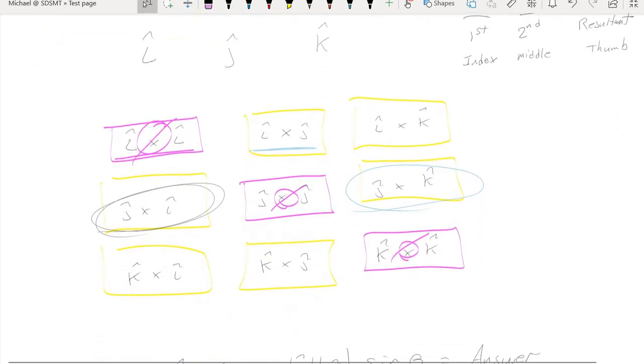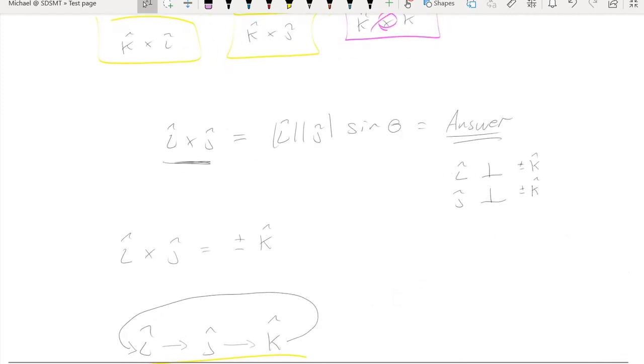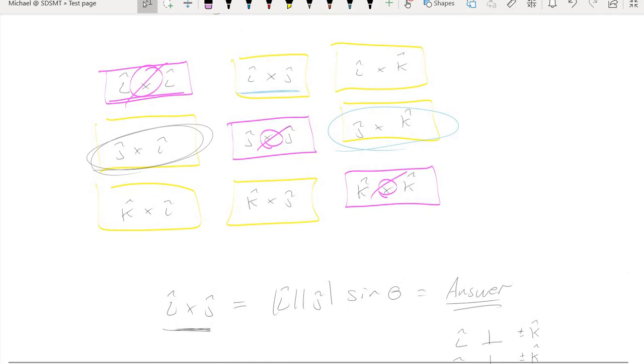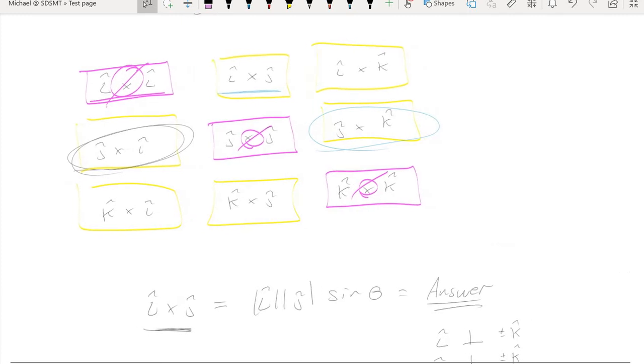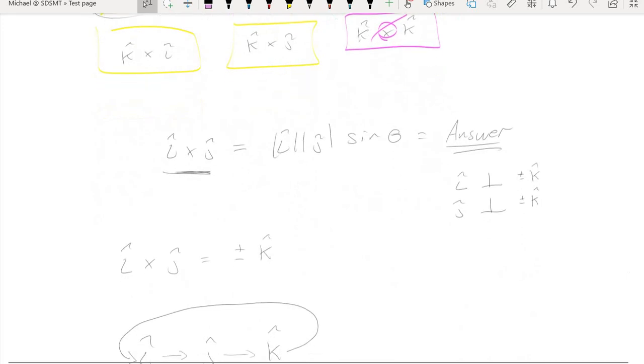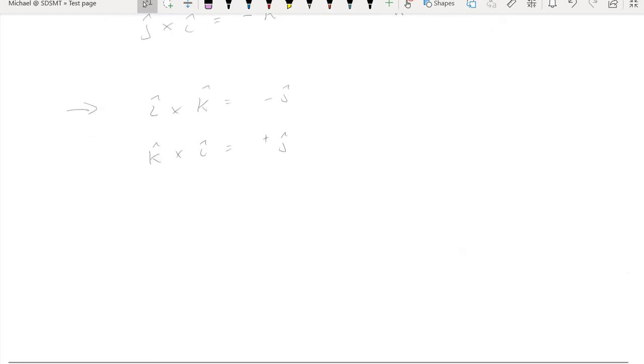But the IJK process works to help us in evaluating whether that final vector component needs to be positive or negative. And we're actually going to use this method as an alternative means of evaluating a cross product. The first way that we have of evaluating a cross product, let me step back here.